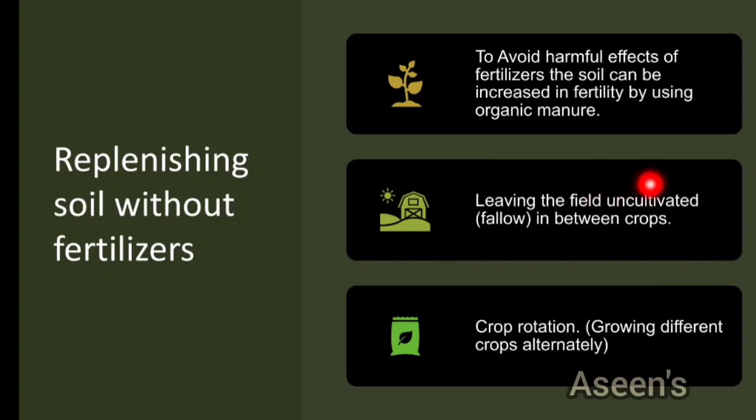Leaving the field uncultivated, fallow, in between crops. As I have mentioned before, if you leave the land uncultivated for some period of time, months together or a year or more than a year, the soil is not put to use.